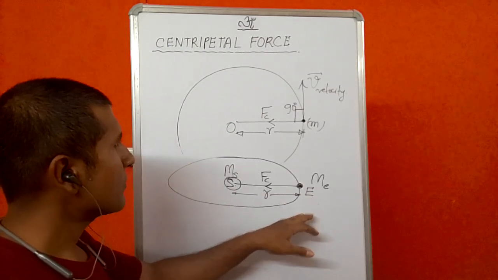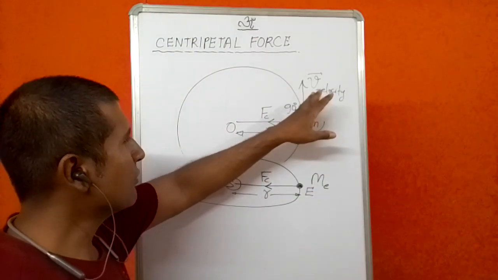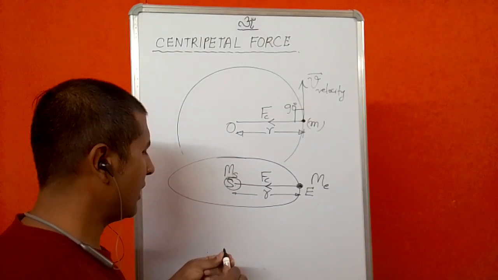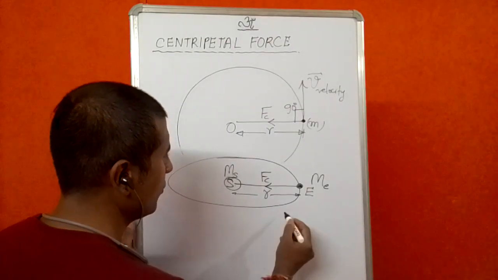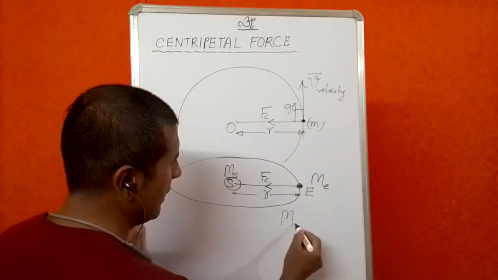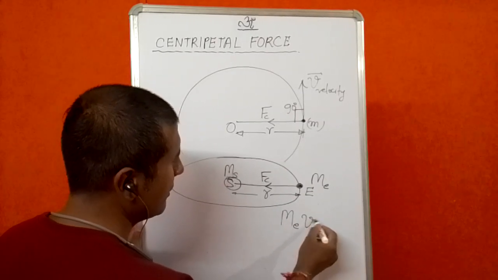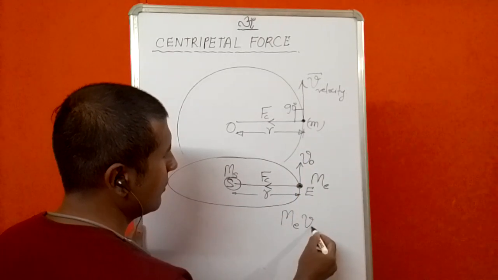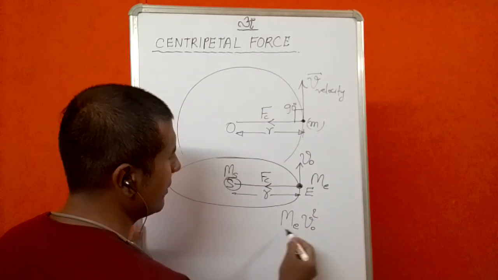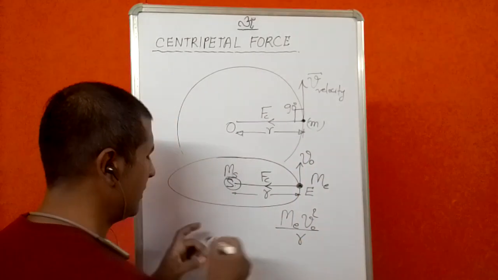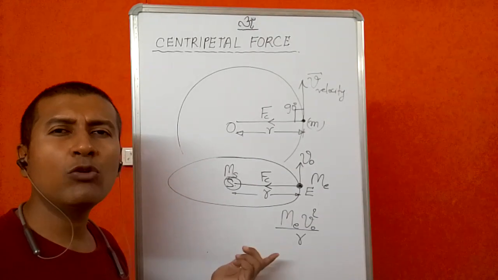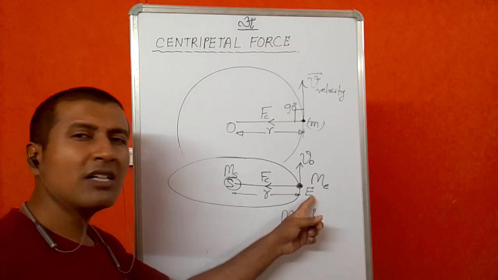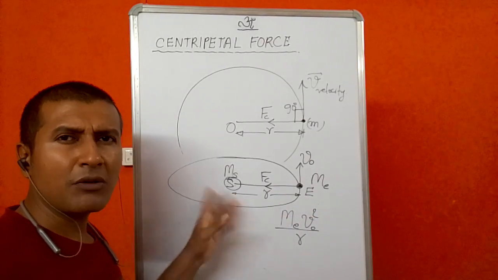So centripetal force is m v square by r, with orbital velocity vo, so me vo square upon r. This is the value of centripetal force applied on the Earth by the Sun, right?